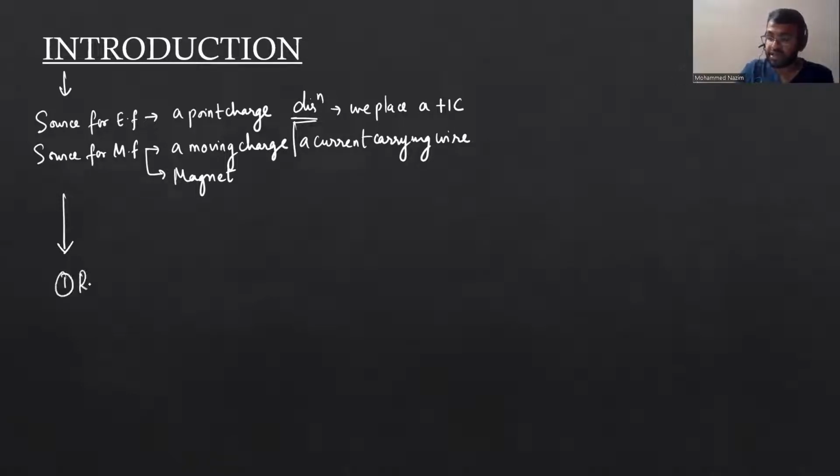So many rules are there, but I'm going to state two simple rules. The first rule is the right hand thumb rule. The first rule is what, people? Right hand thumb rule. So what does this right hand thumb rule state?